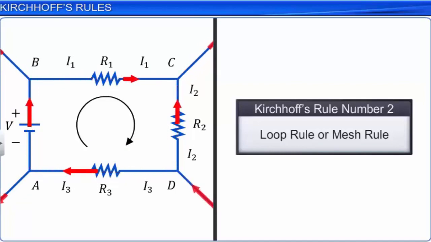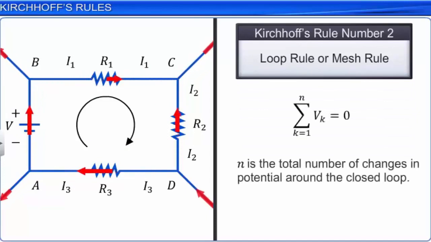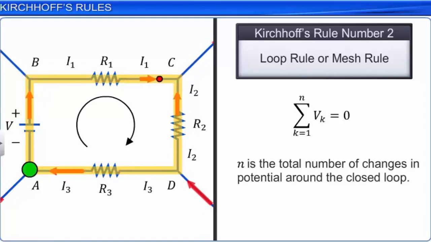The algebraic sum of changes in potential around any closed loop involving resistors and cells in the loop is 0. The electric potential at any point in a closed loop depends only on the location of the point in the loop. So, starting from any point in the loop, if we come back to the same point, the sum of potential changes must be 0.